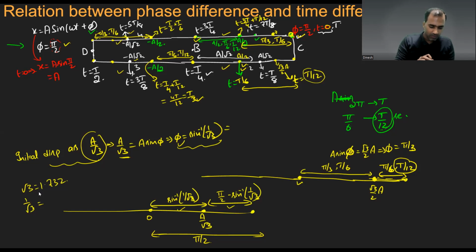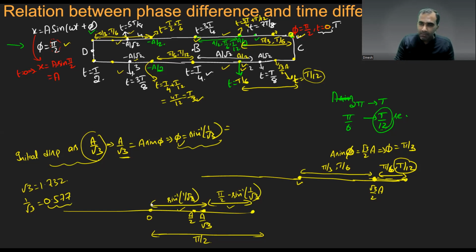I don't know. One divided by root 3 is 0.577. 0.577 means a little greater than 0.5, a little greater than the midpoint. So if this is a by 2, it is a little greater than the midpoint. A by 2 means we know the phase, which is 30 degrees. So it is a little greater than 30, something like 33 or 34. But since we don't know the exact angle, we are just leaving it as sine inverse of 1 by root 3.